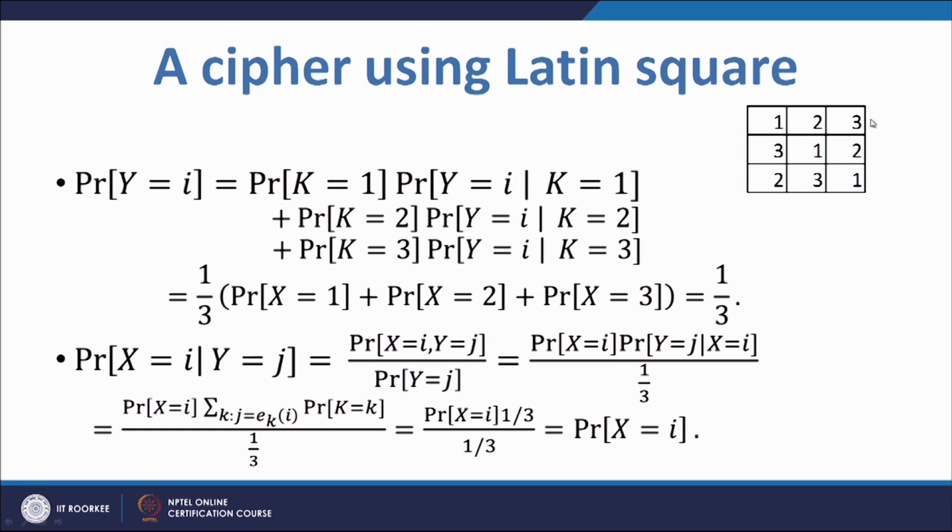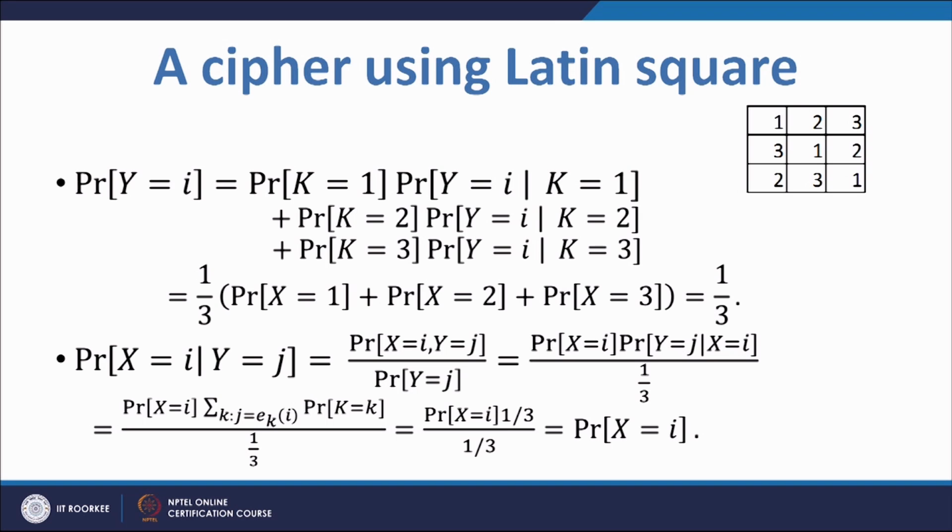So, therefore, I can say that the probability of y equal to i given k equal to 1 is the probability of either x equal to 1, x equal to 2 or x equal to 3. I really do not know which one it will be, but it is exactly one of them.